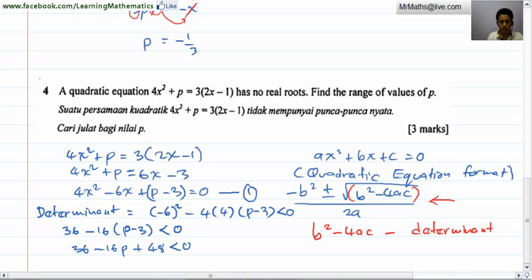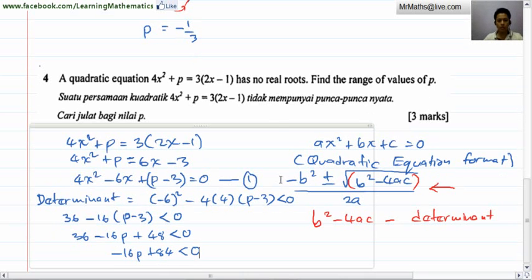All right, then 36 plus 48 is 84. Then it's going to be 16p plus 84 less than 0. Okay, I noticed a mistake in this working earlier.